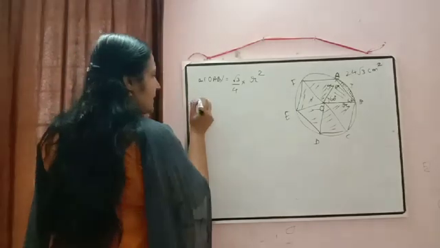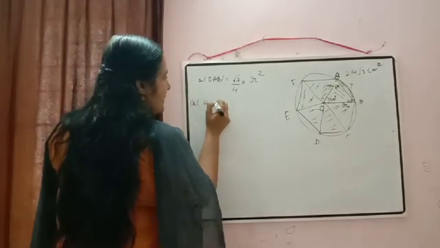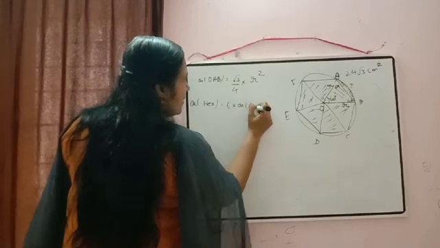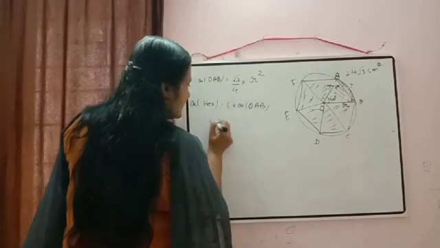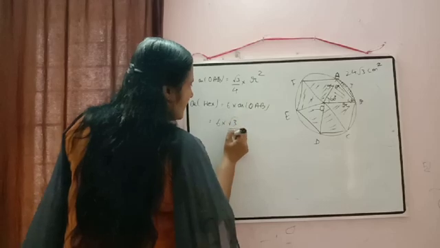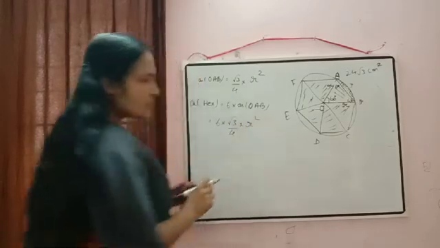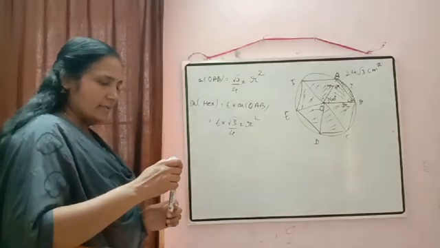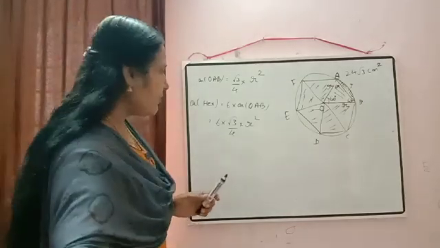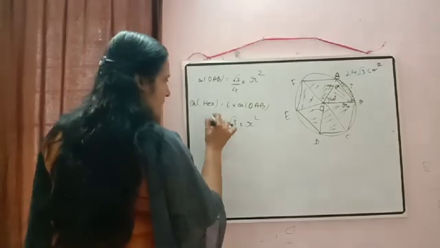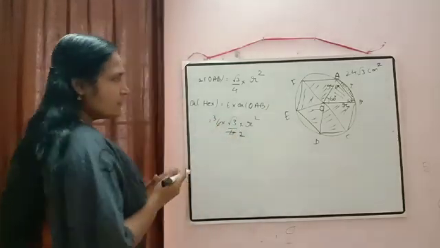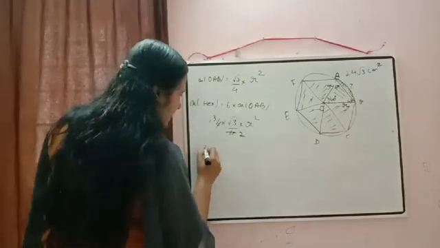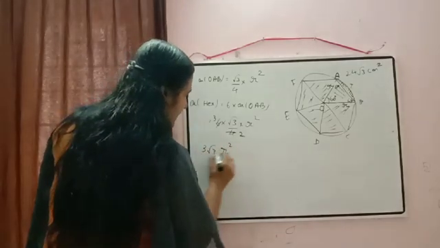So just write down, area of hexagon is equal to 6 into area of triangle OAB, and that is 6 into root 3 by 4 into r square. Correct? That will be the area of the hexagon. So 6 and 4 we can cancel here, 2 3s are 6, 2 2s are 4, so we are getting the area of the hexagon as 3 root 3 r square by 2.